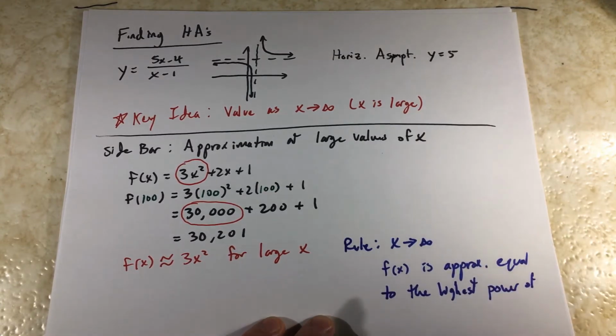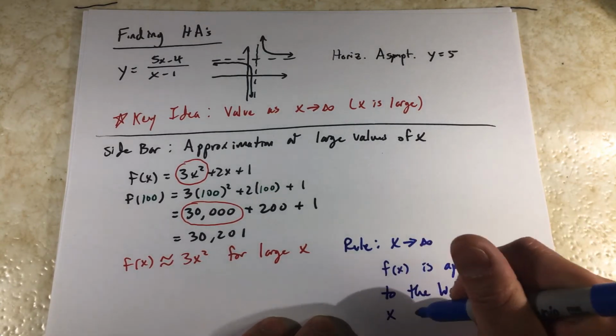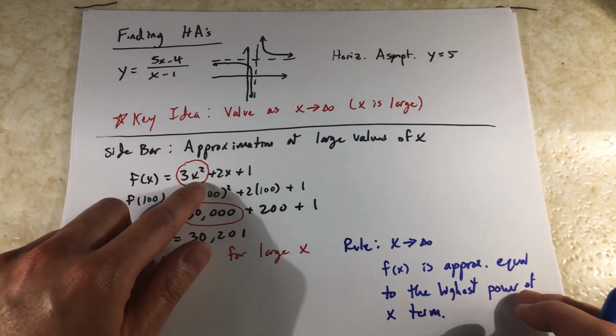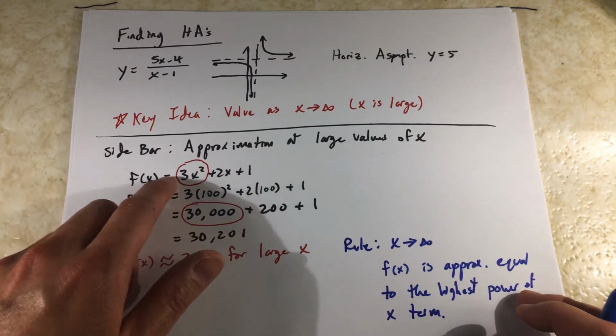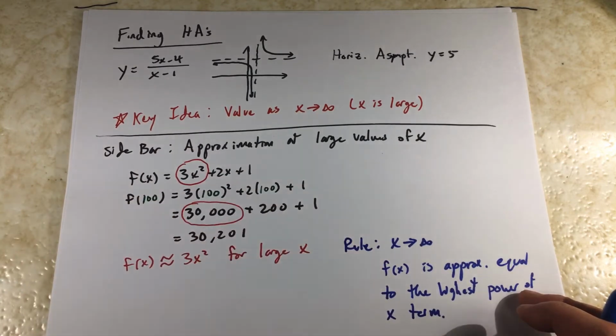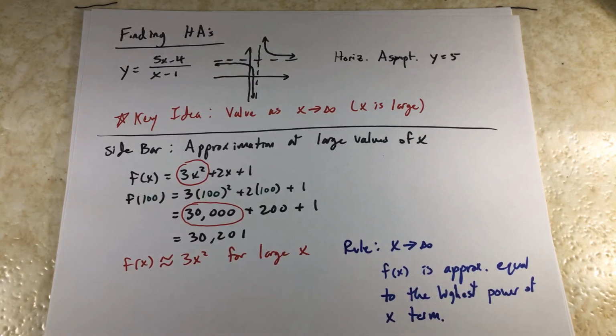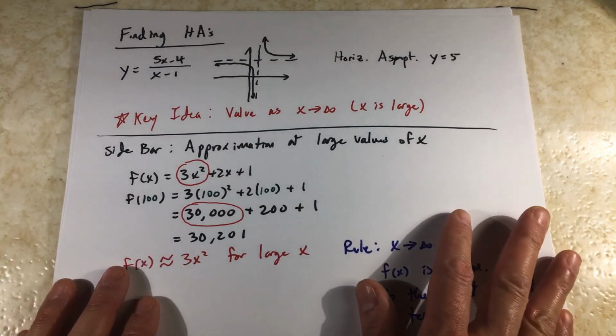I should have said that a little differently. In this case, the highest power of x was x squared, so we only kept this term with its coefficient, and we dropped all the other ones. That's what we're going to do in general to figure out these horizontal asymptotes.